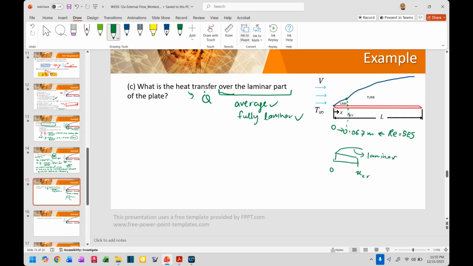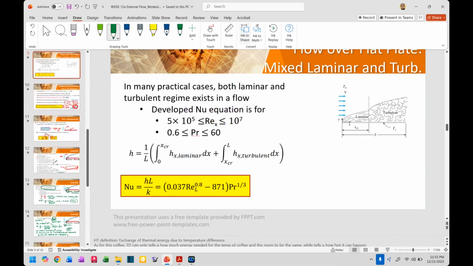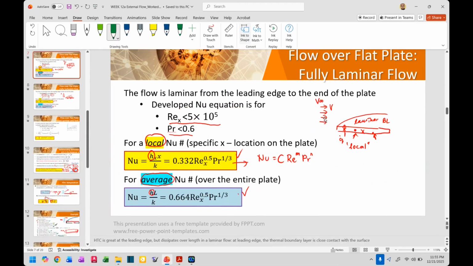So you must consider the equation in blue. Remember, for the flow over flat plate for fully laminar, this blue equation is for the average one and also for the entire plate.